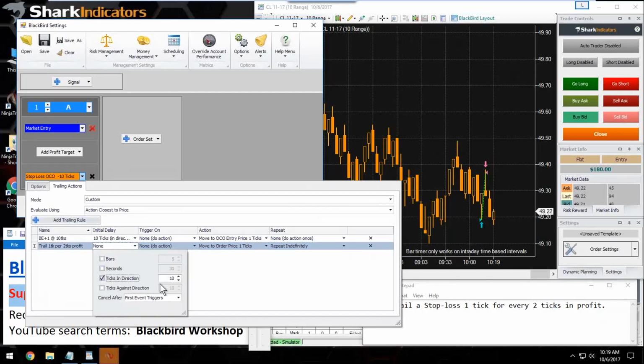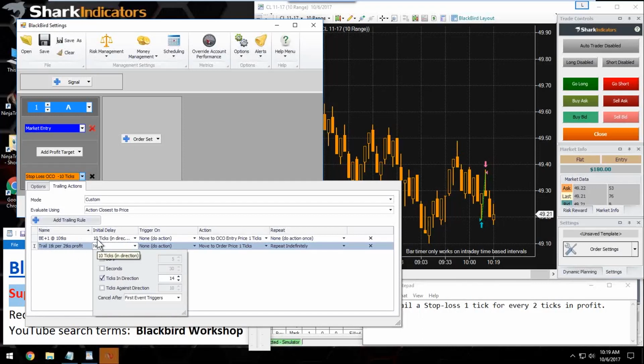But for this example, I'll say that once the market has gained 14 ticks in profit, right? I'm taking 10 ticks and adding 2 ticks, because remember, we're trailing every 2 ticks in profit.